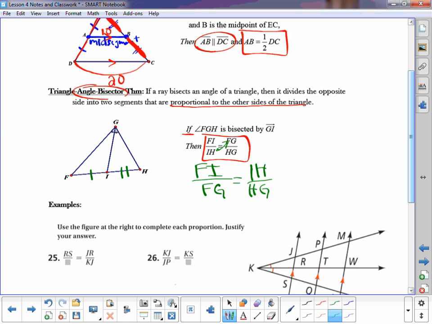No. We have never encountered a theorem that says if an angle is bisected, the sides are equal. This is only bisecting the angle, not bisecting the sides. My only given is the angle. We don't have such a thing as a triangle bisector.